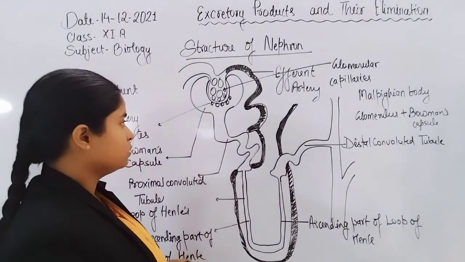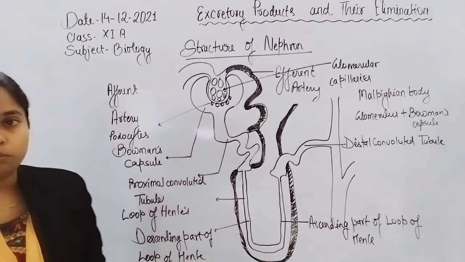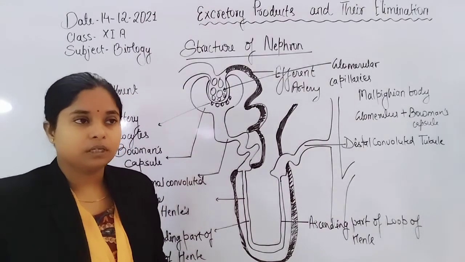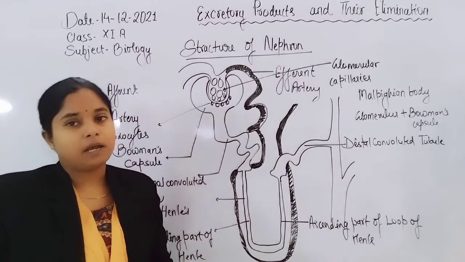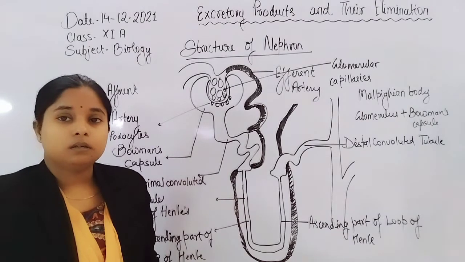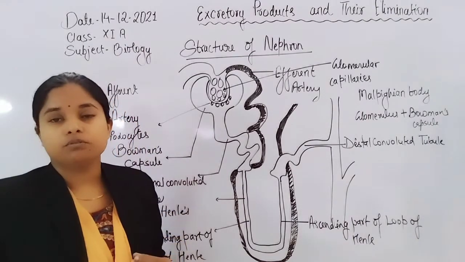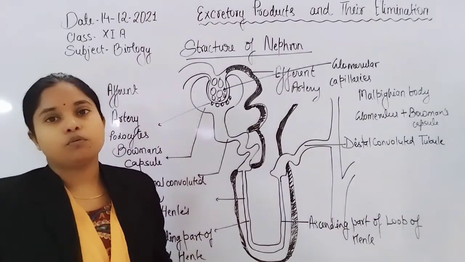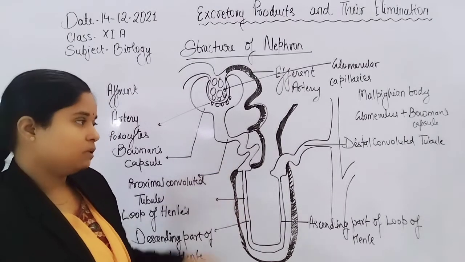Through the proximal convoluted tubule all the nutrients are absorbed: glucose, amino acids, bicarbonate ions, and sodium chloride. Approximately 99% of water is reabsorbed in the PCT.